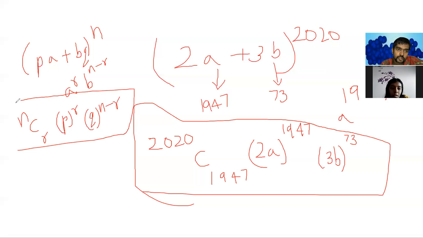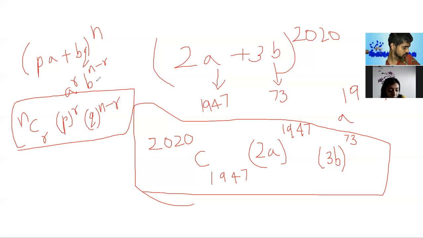This will be the coefficient of this term. This is the binomial theorem. So binomial theorem is just a direct application of combinations. It's just looking at how many baskets do I have, how many apples do I take, and how many bananas do I take.